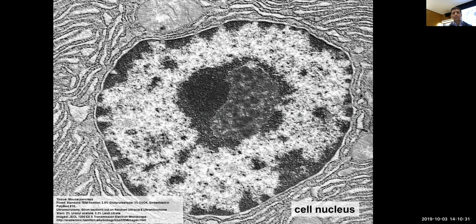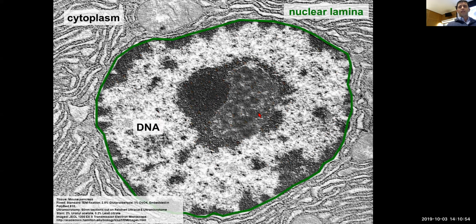And when you visualize it, this is what you see. This is the nucleolus that I showed you earlier, this big thing. And there's a lot of DNA in black, which is stuck to the nucleolus, and also stuck to this outside periphery of the nucleus called the lamina. So the cytoplasm is outside, the nucleus is inside, the DNA is in black, and the nuclear lamina is this periphery.